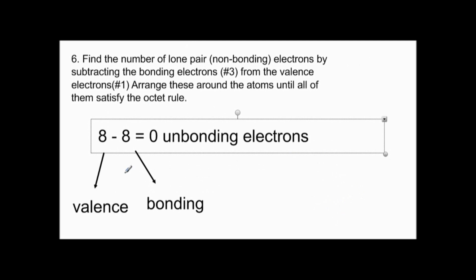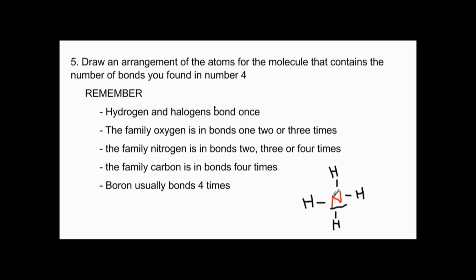Now, step 6. We have to find the number of lone pair or non-bonding electrons by subtracting the bonding electrons from step 3 from the valence electrons in step 1. Arrange these around the atoms until all of them satisfy the octet rule. Since we're subtracting 8 from 8, there are no non-bonding electrons.